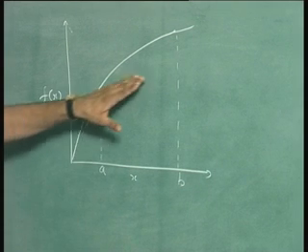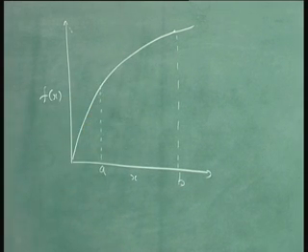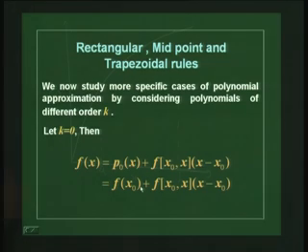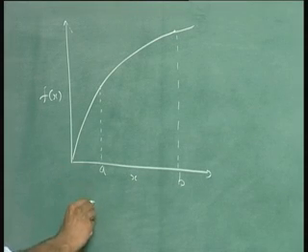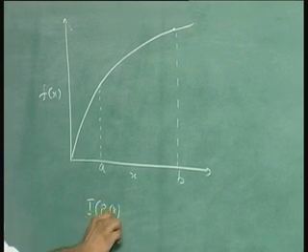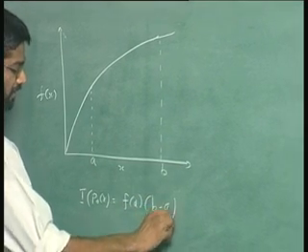So that is what we mean by finding the integral of this curve, right. Now in the first approximation, the rectangular case, where we approximate the function f of x by p0 of x, the integral I of p0 of x turns out to be f of a into b minus a.